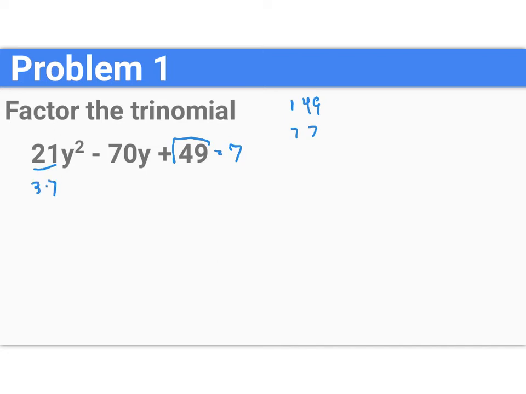And so let's try 3y plus 7, and then, wait, all right, so our middle term is negative, so that should be negative in the middle. See, even I have to think about all of these things. And then 7y minus 7. Okay, we may have to mess around with these to get them to work.